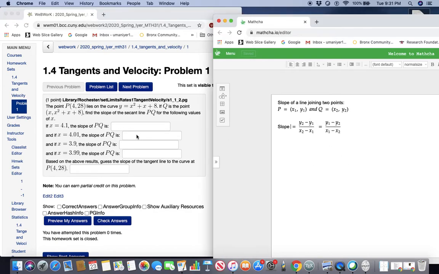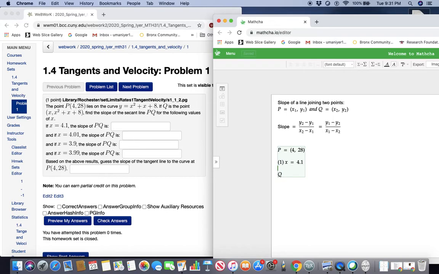Okay. So how do I find the 2 points? First, I am told one point is P equals (4, 28). All right. So what happens when the first case is x is 4.1? In which case, what is Q?